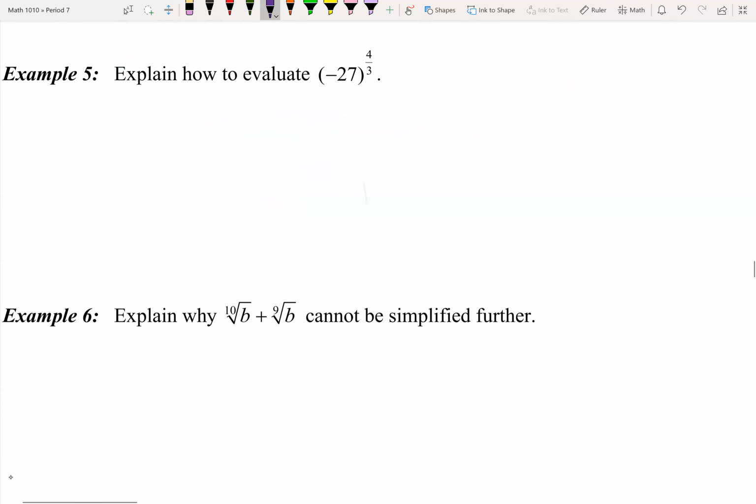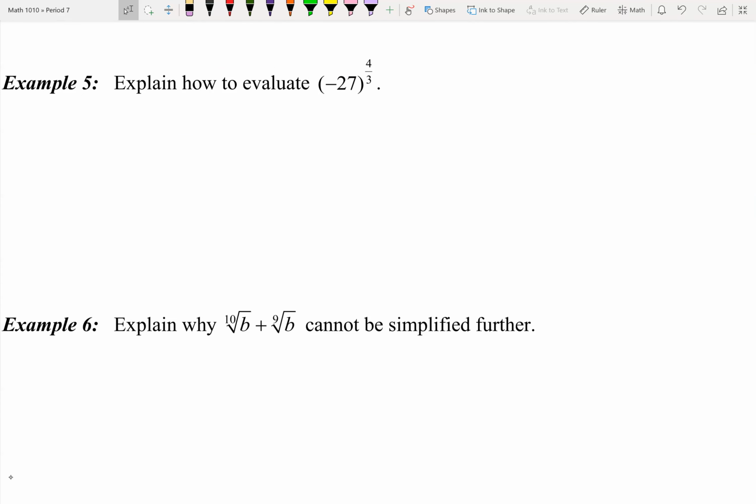Okay, question 5. Explain how to evaluate. Everybody draw a line. We're going to do mathematically on one side. We're going to do the sentence on the other. Okay, make your radical. Little numbers are 3. Inside is a negative 27. Is it nice?